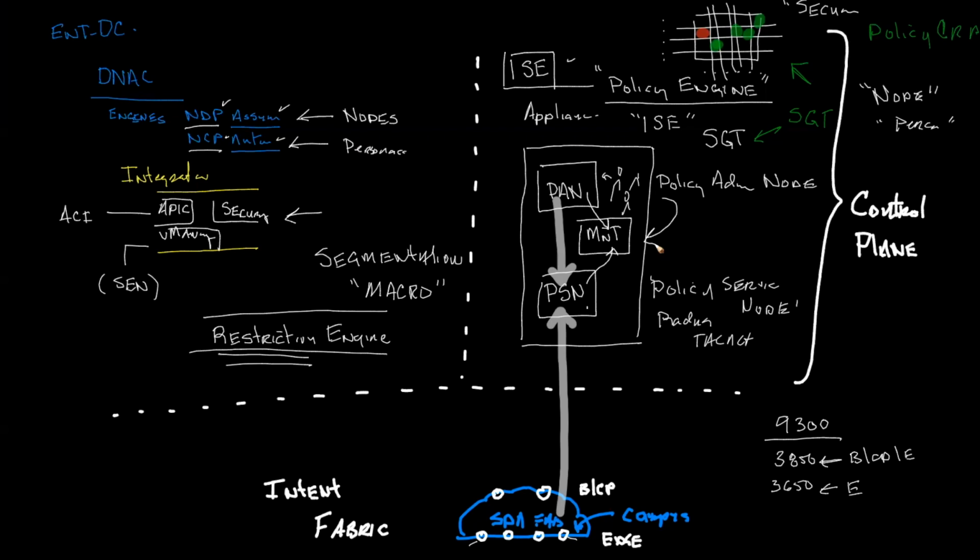Now, there's also another functional construct that's part of the ISE engine, and I make reference to it as a node when I'm teaching, and this is what we refer to as the pxGRID node. Now, I've been using this word grid. For our purposes, I want you guys to think of this as the grid.